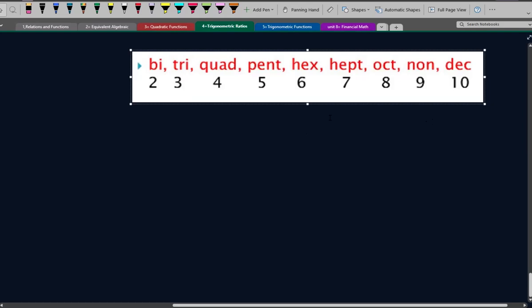So 4, quad. Penta, 5. Hexa, 6. 7, hepta. Octa, 8. 9, nona. Deca, 10. Perfect.